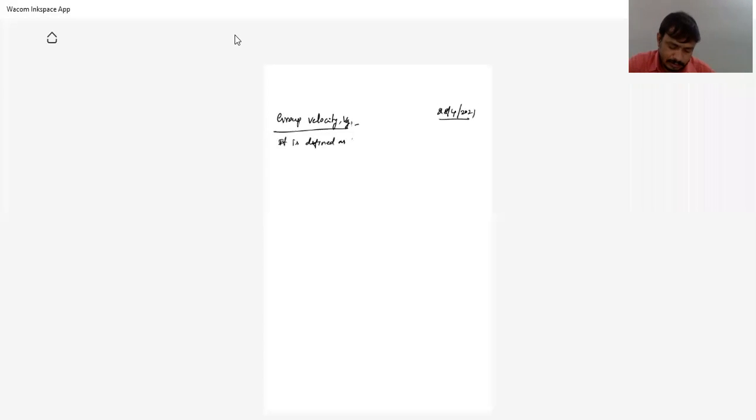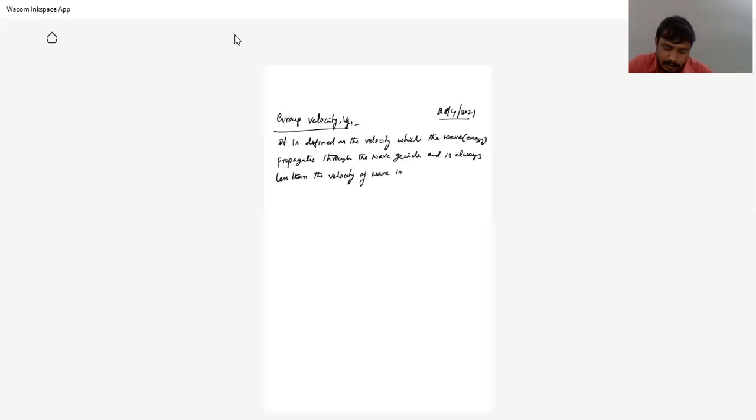the velocity which the wave or energy propagates through the waveguide, and is always less than the velocity of wave in free space.